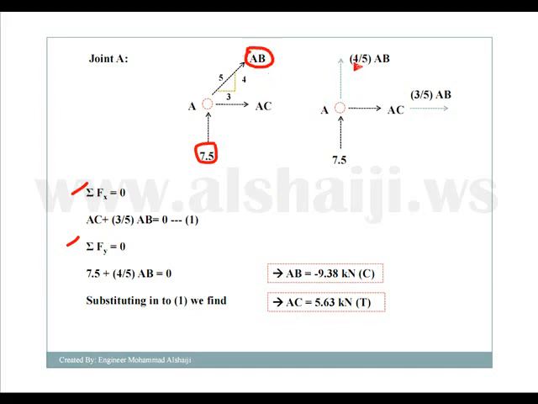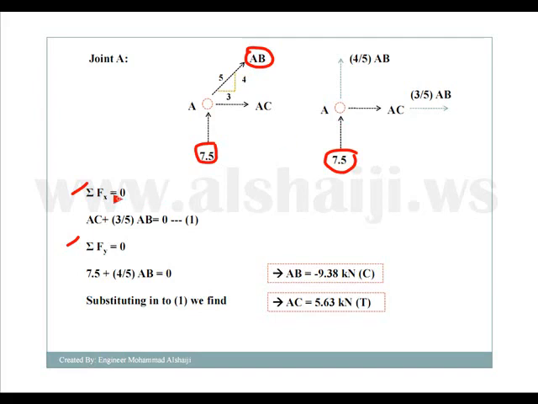The y component is 4/5 times AB, and the x component is 3/5 AB. And of course, AC is already resolved. It has only one component, along the positive x, and the 7.5, the reaction AY, is acting along the positive y. So now I'm ready to use my equilibrium equations.